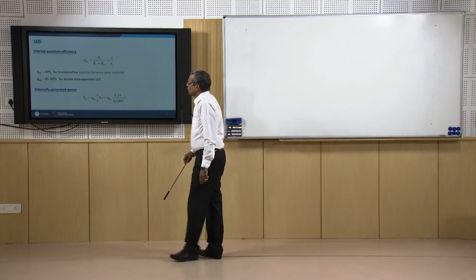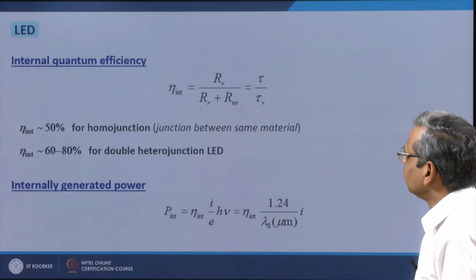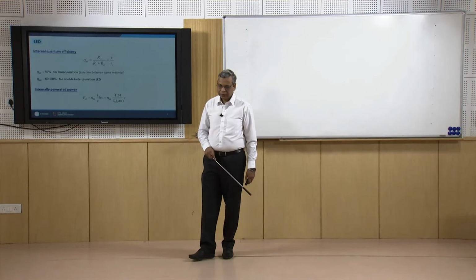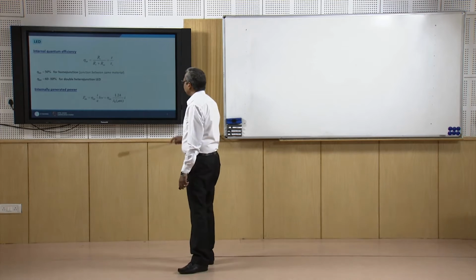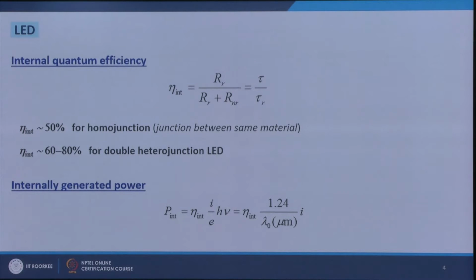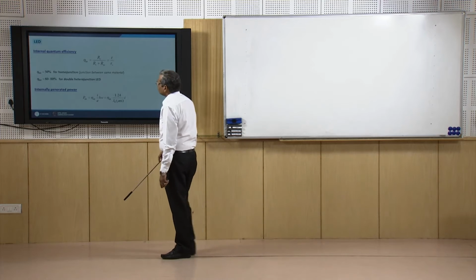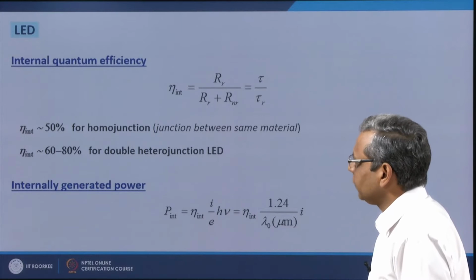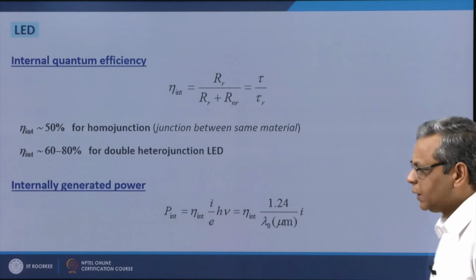The internal quantum efficiency is given by R_R over R_R plus R_NR, where R_R and R_NR are respectively the radiative and non-radiative recombination rates, which is equal to tau over tau_r, where tau is the total lifetime and tau_r is the radiative lifetime. Typically the internal quantum efficiency of a homojunction LED is 50%, while for a double heterojunction LED it is between 60 and 80%.